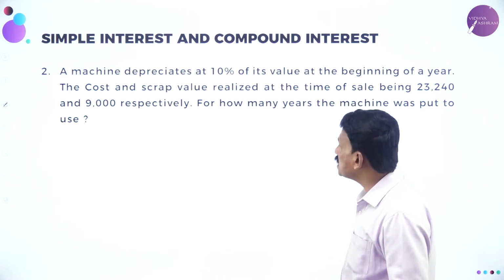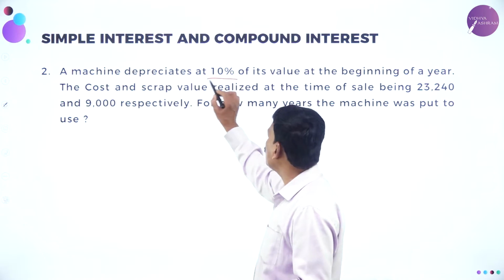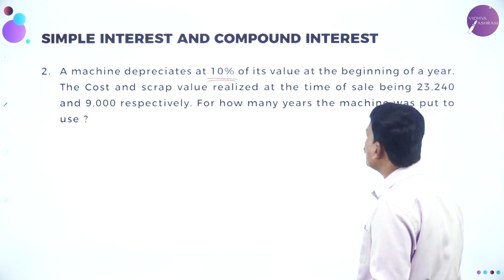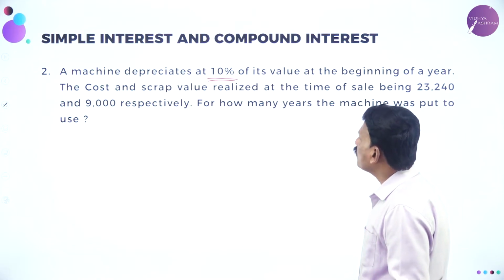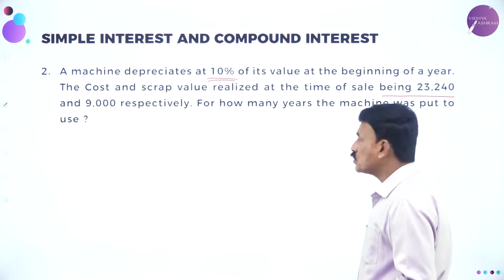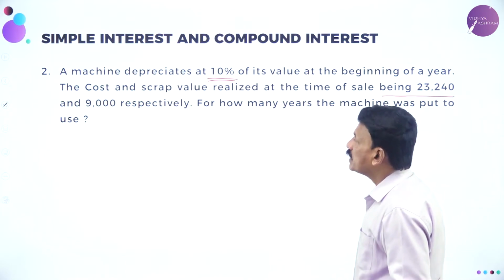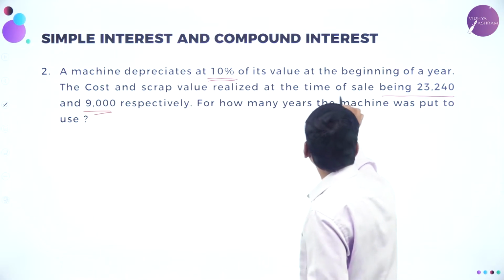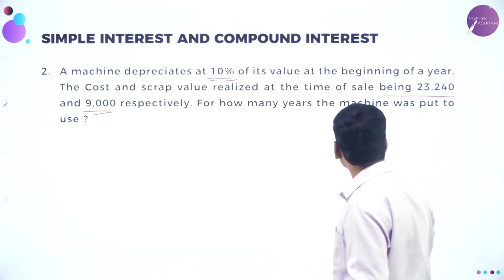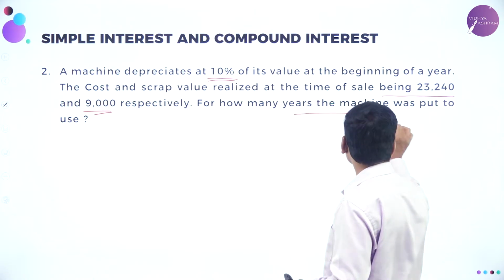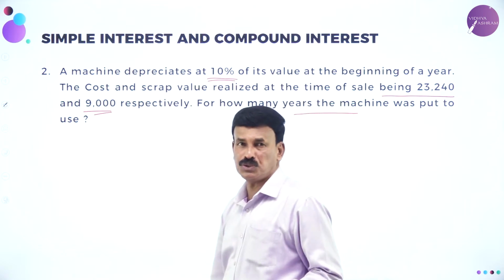A machine depreciates at 10%. So the rate of depreciation is 10% of its value at the beginning of the year, and the cost and scrap value realized at the time of sale being 23,240 and 9,000 respectively. For how many years was the machine put into use?